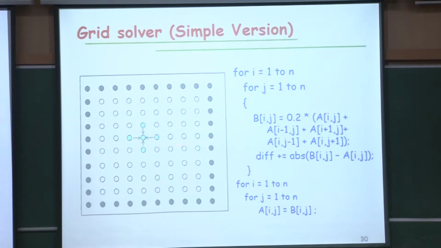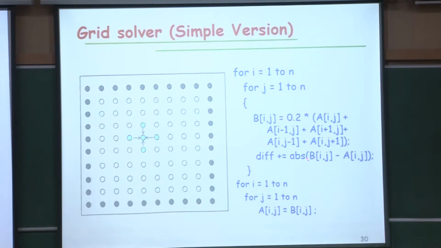For each aij, I take aij, ai minus 1 j, ai plus 1 j, which are the elements above and below that particular row. Similarly, aij minus 1 and aij plus 1, which are the elements to the left and right. I take the sum of all of these values, compute the average, and store it in a different array bij. Now I find the difference between bij and the old value aij, and take the absolute value.